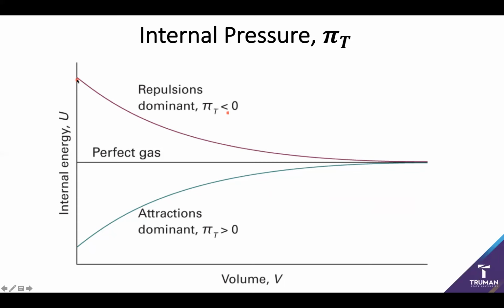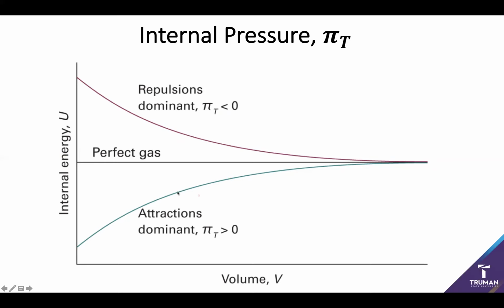And so if I have a negative internal pressure and I decrease the volume, I'm going to see a decrease in internal energy that's somewhat quadratic in behavior, as it eventually reaches an asymptote where the gas has essentially repulsed itself away from everyone else as much as possible, and it's going to start behaving more like an ideal or a perfect gas simply because the proximity of gas molecules with respect to each other is so great that there's going to be no effective interactions.